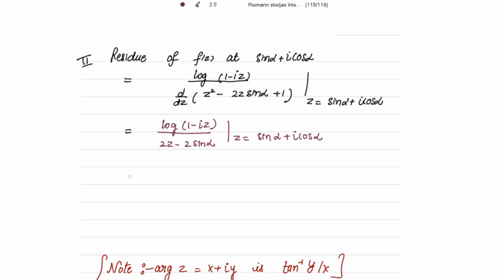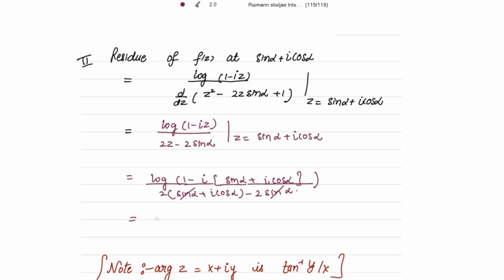Now putting the values of z, this is log of 1 minus iota times sine alpha plus iota cos alpha, and in the denominator 2 times sine alpha plus iota cos alpha minus 2 sine of alpha. So this 2 sine alpha will cancel out.